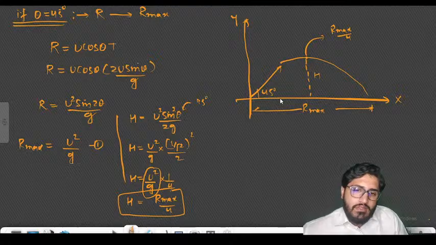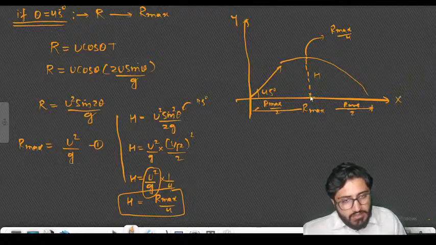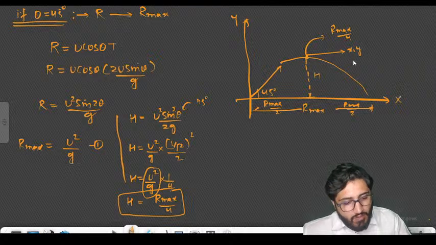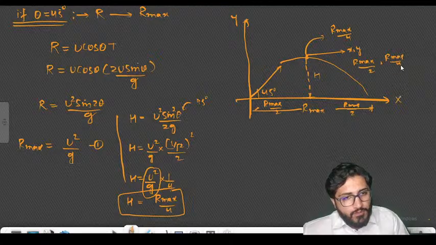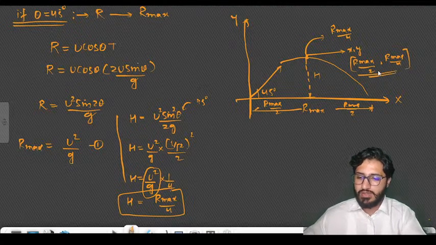That means this point is at R max by 2. Done? So the coordinates of this point are x comma y. What is x? R max by 2. And y is R max by 4. Two things, the most important things that you will learn.